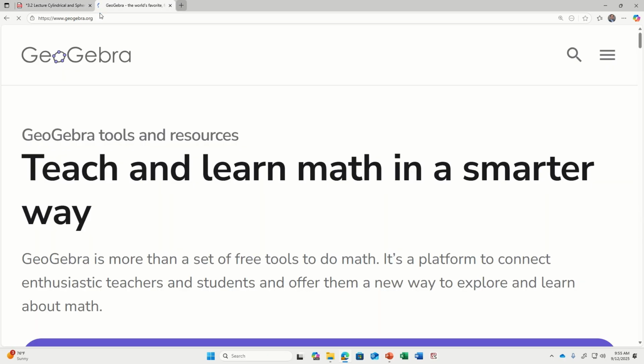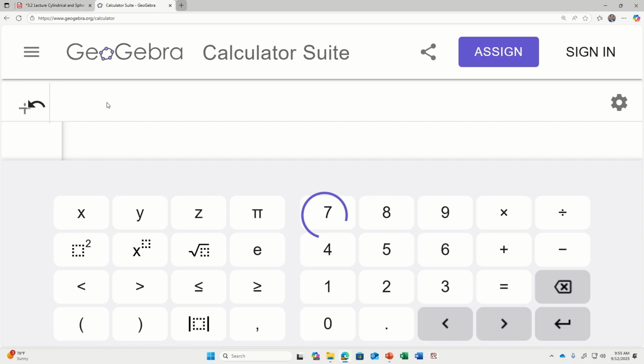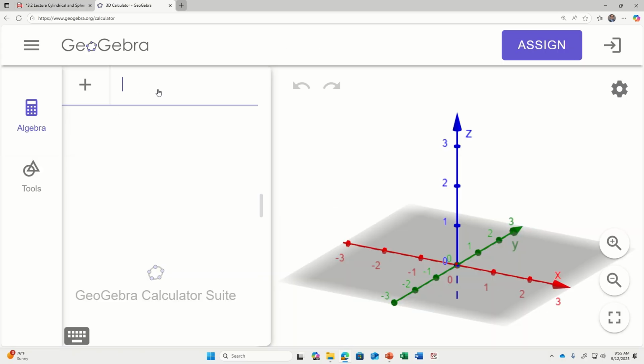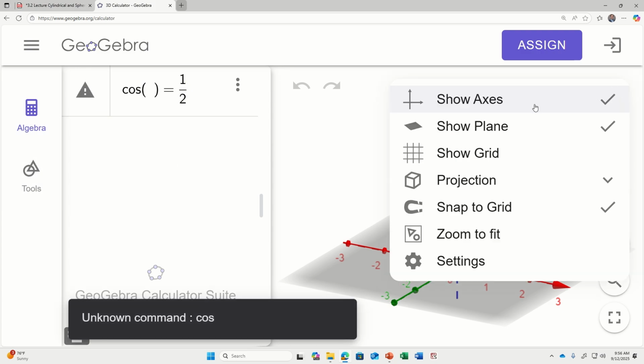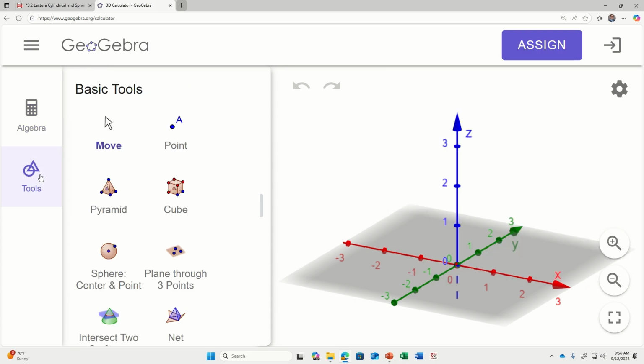I wonder if GeoGebra can do cylindrical coordinates. Let's try it out. Just because I don't know how to do it doesn't mean it's not possible.